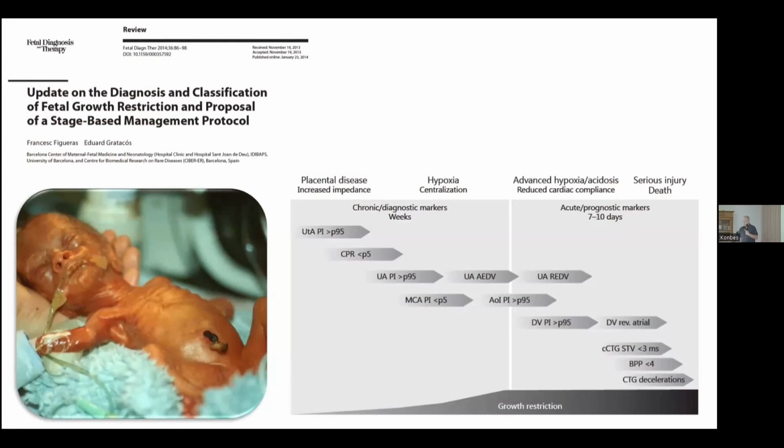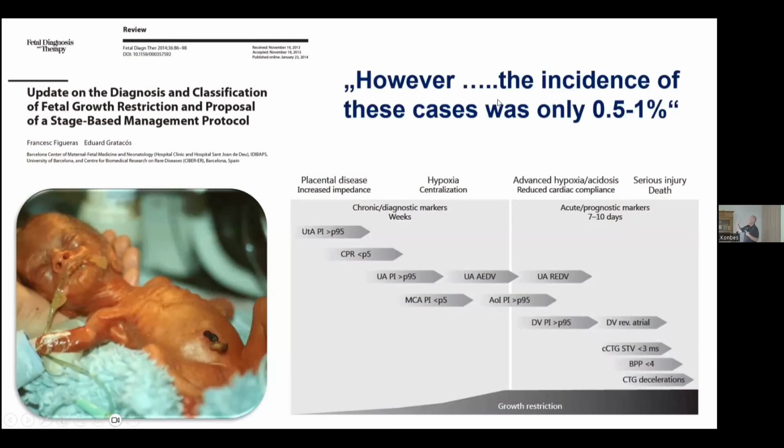So we look at what is the best time to deliver at this early stage. But we know these are only 1% of all patients. It's not so often, but these are the patients that need our help and our knowledge to optimize the management. I could speak 1 hour more, but I stop now.